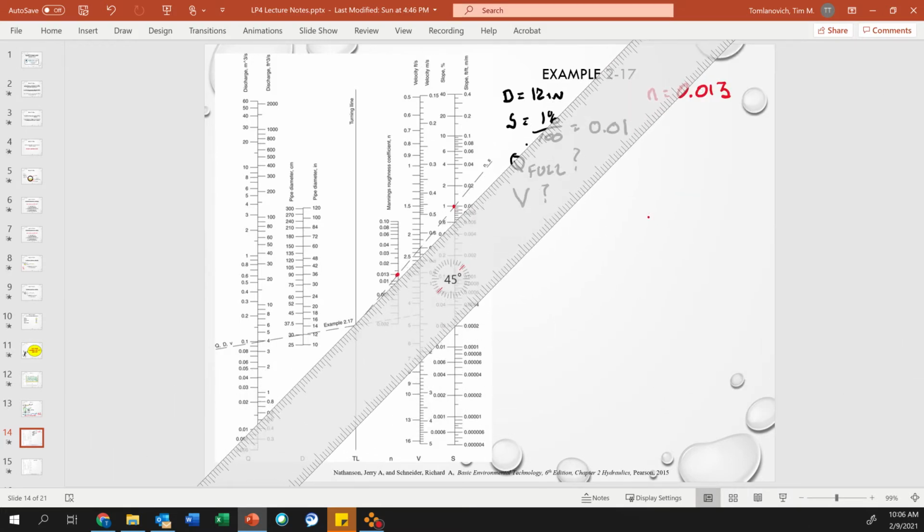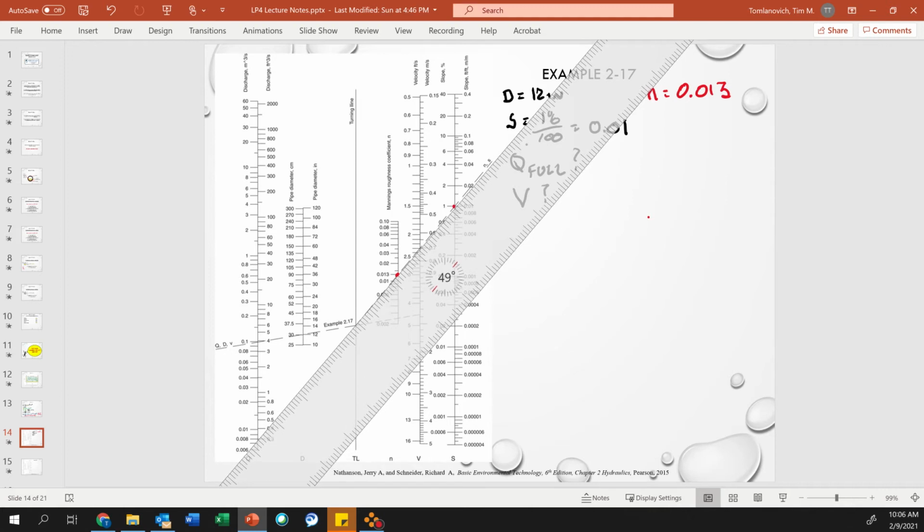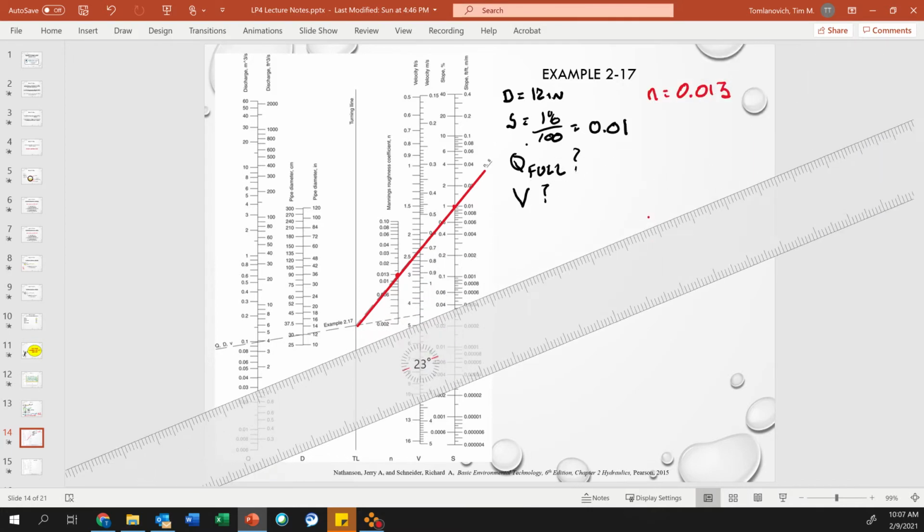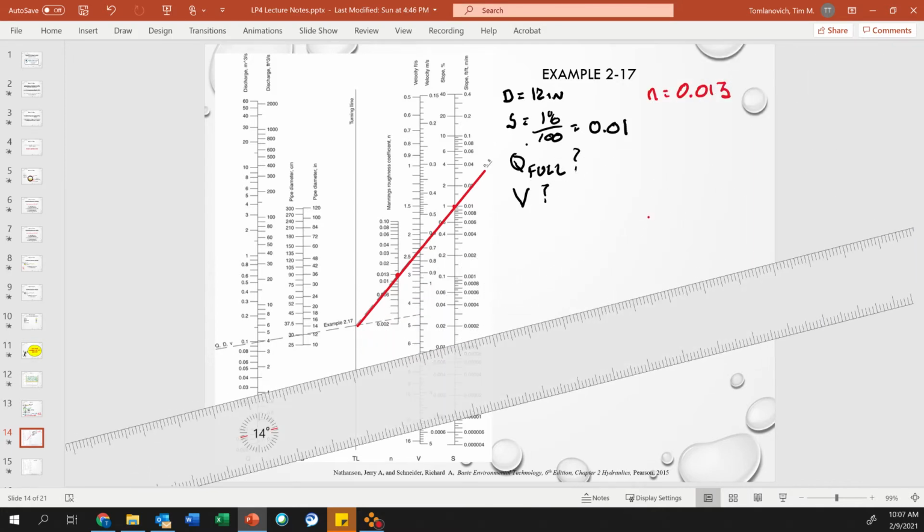You need to know 2 out of the 3. I connect those 2, and they call this the turning line. Once I know the turning line, I know my pipe diameter is 12 inches, right there.